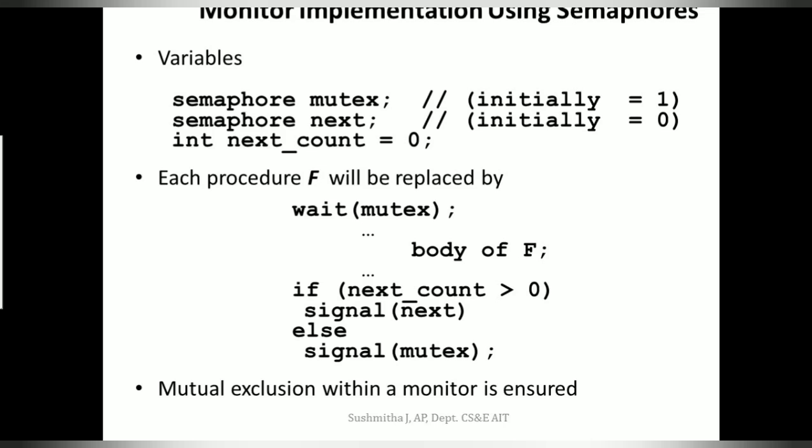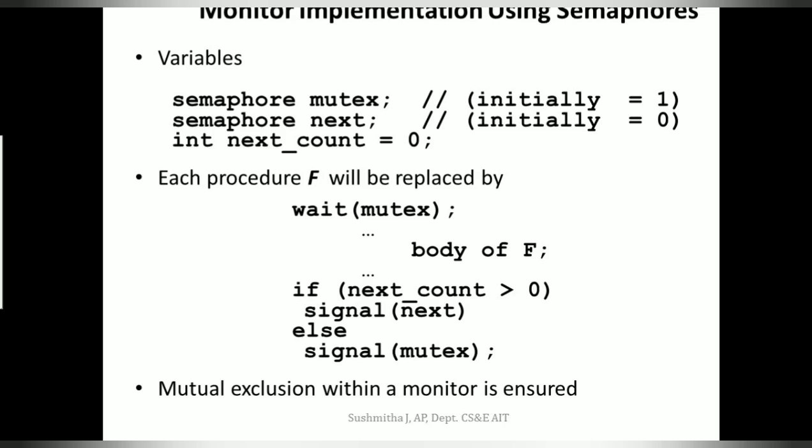That is what we will look at in this algorithm. A process must execute wait(mutex) before entering the monitor, and it must execute signal(mutex) after leaving the monitor. This ensures that only one process at a time is executing inside the monitor.